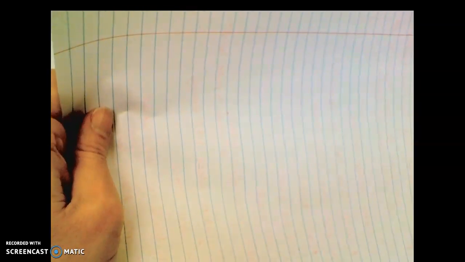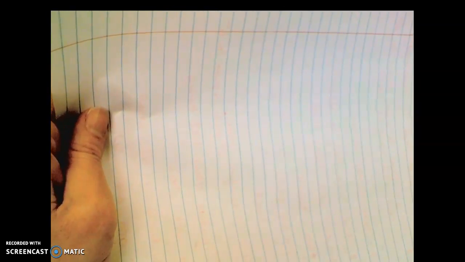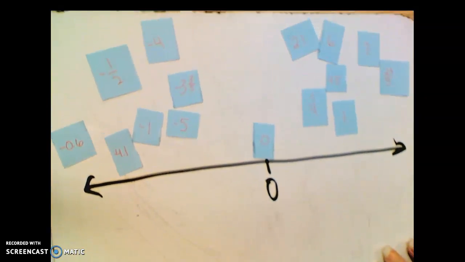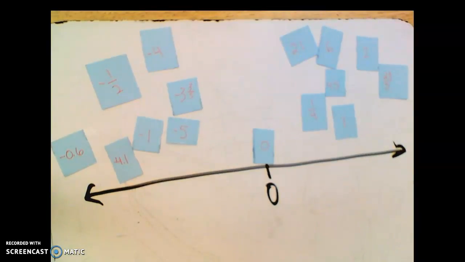If you are coming back to me, it means that you are done organizing and sorting your 15 different numbers in order from least to greatest on the number line, or you need some help. So how many of you first took your numbers and broke them into negative numbers and positive numbers?